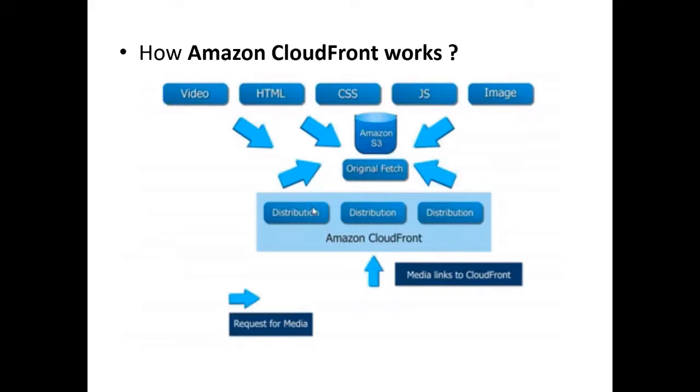Then depending upon low latency, an edge location near to your request location is identified, and the data from the Amazon S3 location where it is originally situated is fetched and stored in the Amazon edge location. This helps the user get faster access to these files.